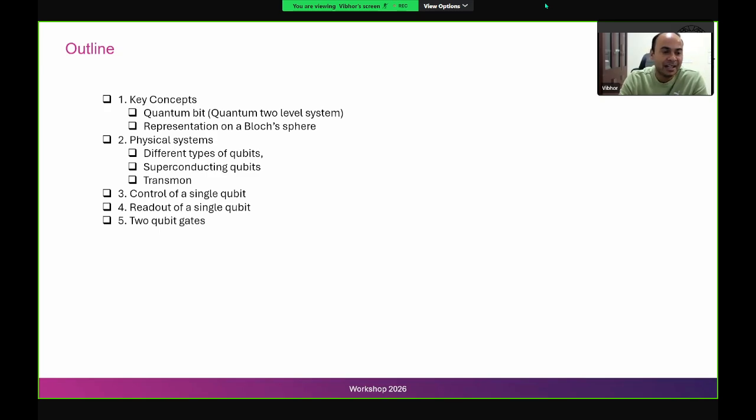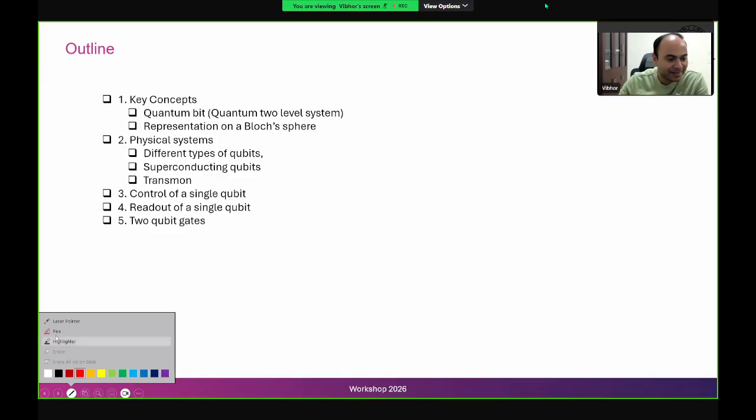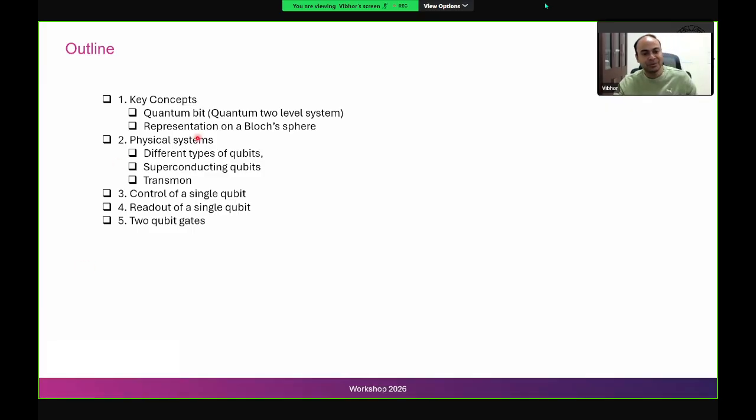And then I'll move to what are different physical systems where qubits can be realized, and what are different types of qubits, and then we'll get into details of superconducting qubits. Along with it, we will discuss the transmon, which is a particular type of superconducting qubit, a little bit more in detail.